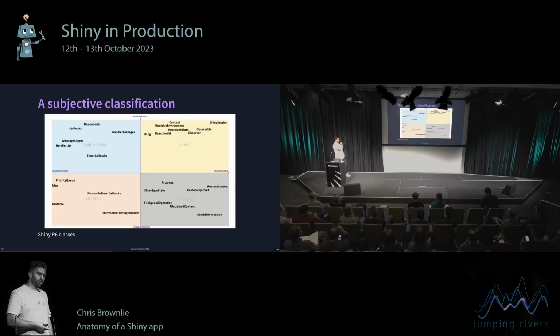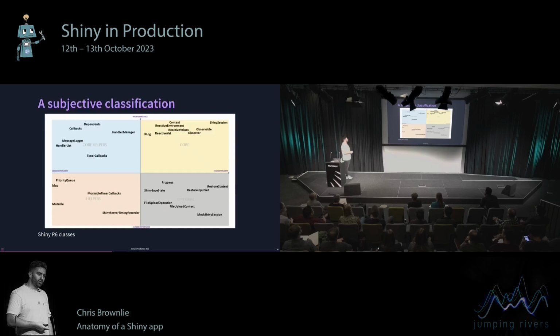So this is all the R6 classes that are provided in Shiny. I've very subjectively ranked them based on how important I think they are to the core of what we call a Shiny app, and how complex they are, at least to me, seeing them for the first time and trying to understand what they do.